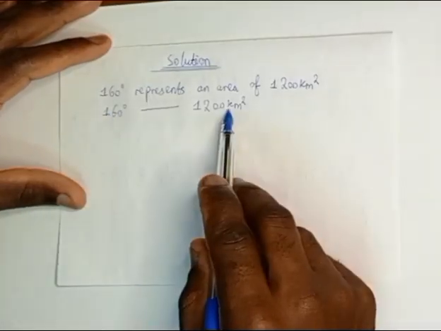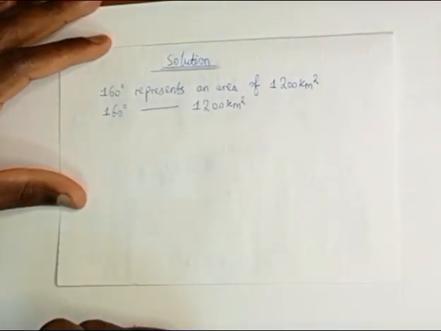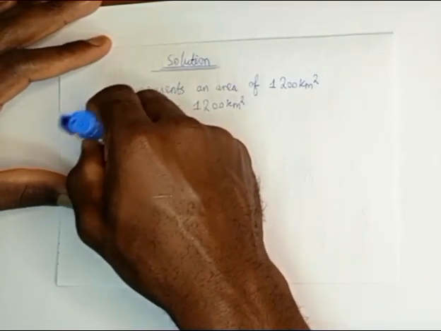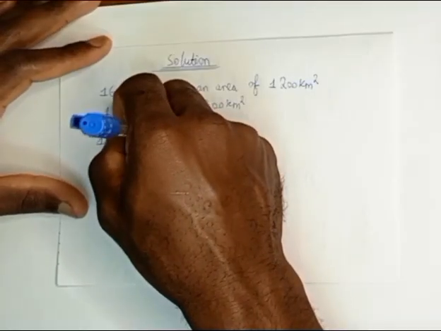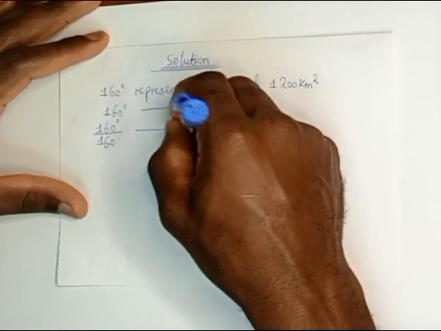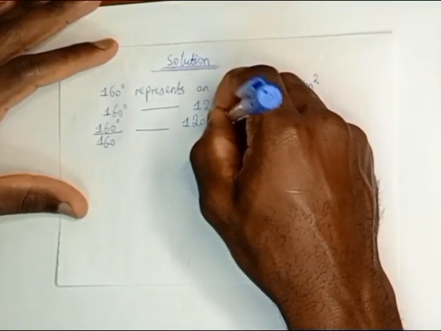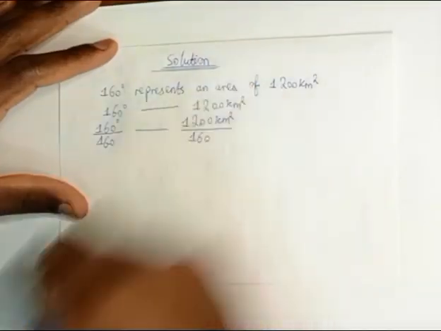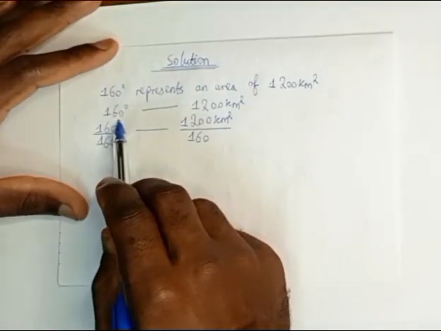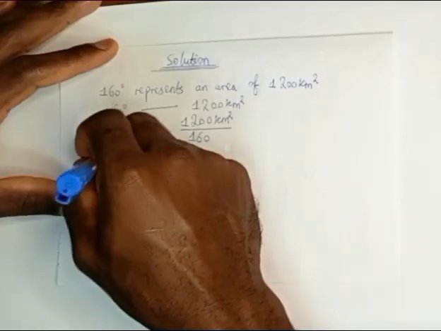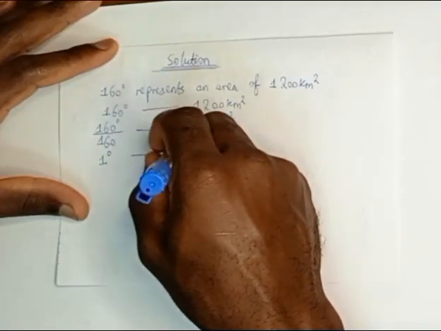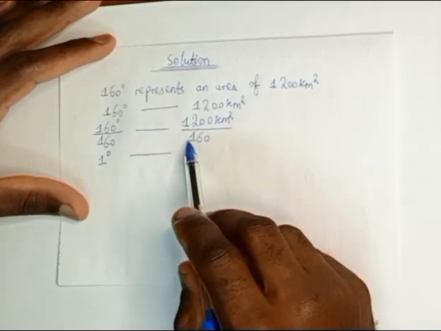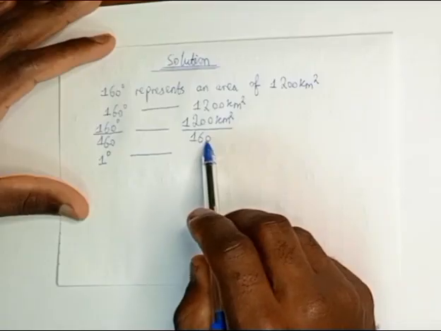Next, we have to find the amount of area which is represented by 1 degree. We are going to divide both sides by 160. 160 degrees divided by 160 will correspond with 1,200 kilometers squared divided by 160. 160 degrees divided by 160 gives us 1 degree, which corresponds with 1,200 divided by 160.